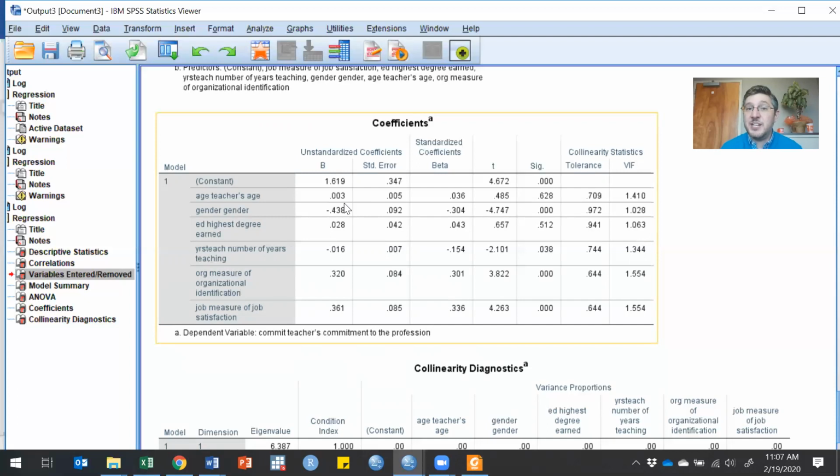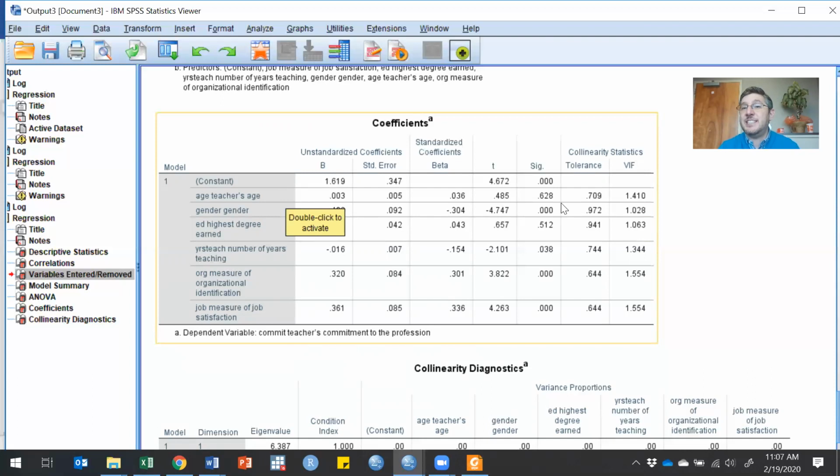All these relationships are the relationship between that particular item and the outcome, controlling for, holding constant, all of the other variables in the model.